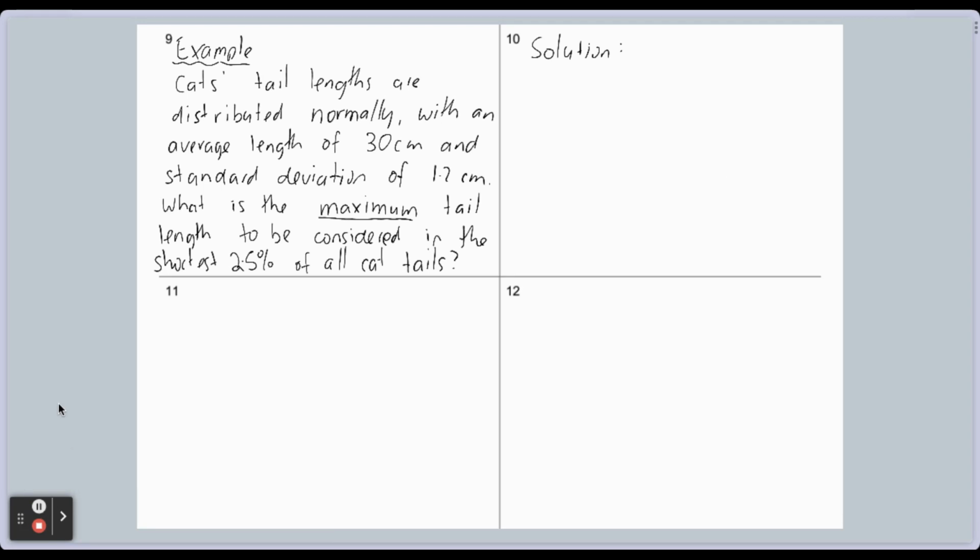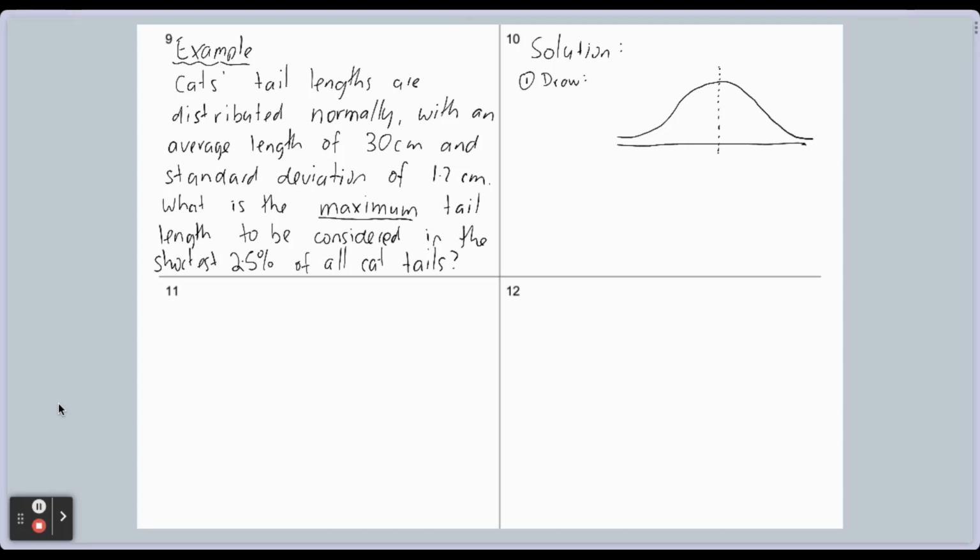When I go through this solution, I am going to be introducing you to some language and concepts as we go along. So first things first, it's almost always worth drawing the situation here. So we just draw a horizontal line like the x-axis. We draw our normal curve in as best as you can. And we write in what we know about the graph, which is the average length.